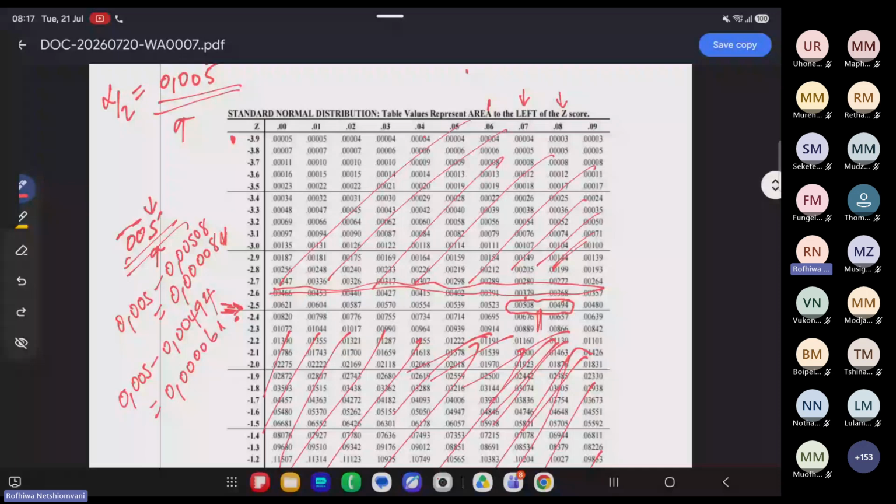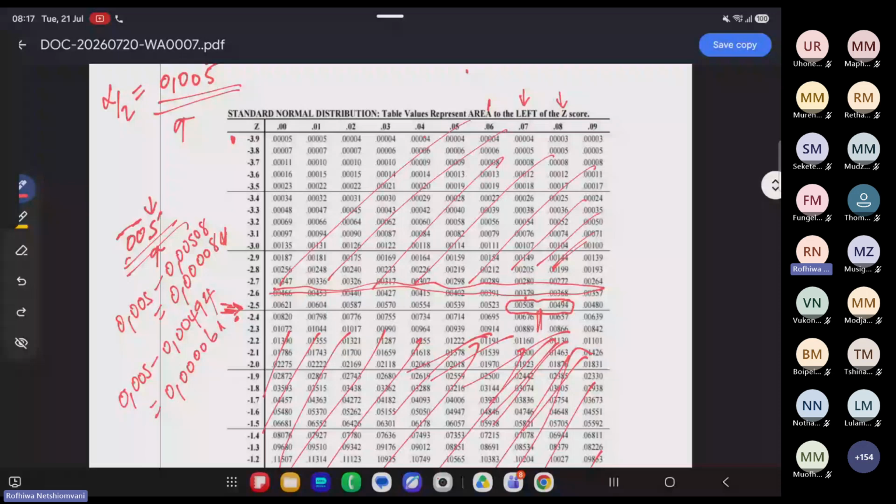Okay, let's start over. So now the question is, we're looking for 0.005. If we look at our table, all the values inside there are 0, something, 0, something. Always remember that part.